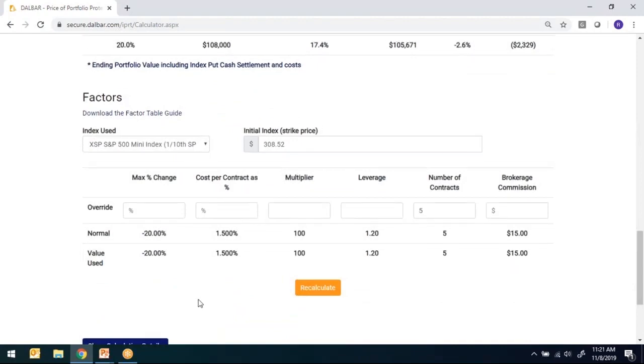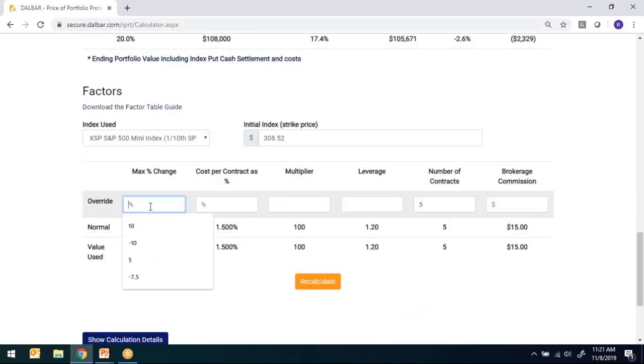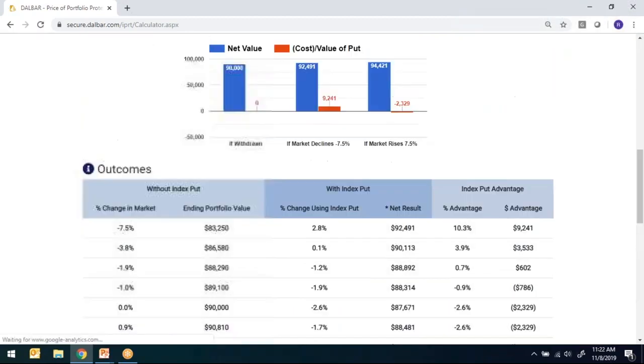One other thing I'd like to show is how we can augment this table. Perhaps we don't want to look at such a wide band of outcomes from negative 20% to a 20% gain. Perhaps we want to only look at it within plus or minus 7.5%. We can change that and recalculate.